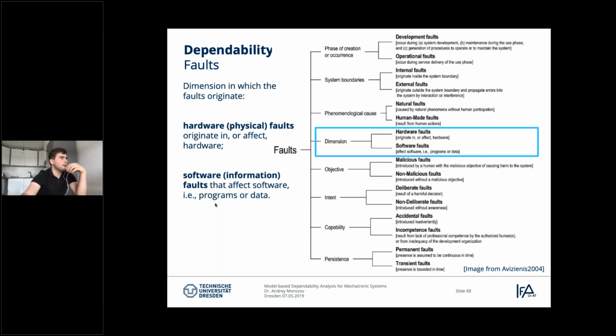Hardware and software, it depends where the fault originated. For example, a broken wire is a hardware fault, and some bug in the code is a software fault. It's not about where the error appears. For example, we could also have a software error because of some hardware fault, but it's about where it originated.